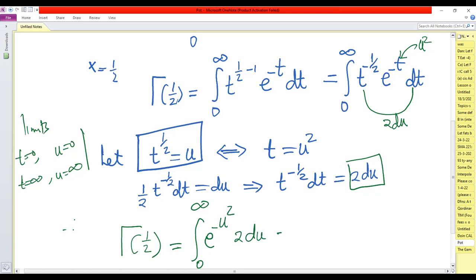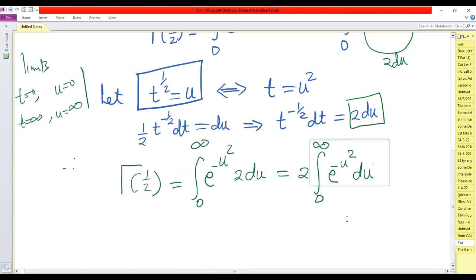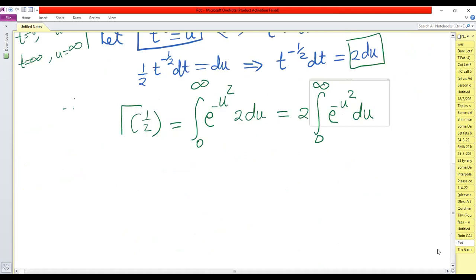So this 2 is a constant, so I factor it out. I'll have 2 times the integral from 0 to infinity of e raised to power negative u squared du. So this is what gave me the value of gamma of a half. But then to evaluate this integral, we need to do what we call a transformation of the integral into the polar form.